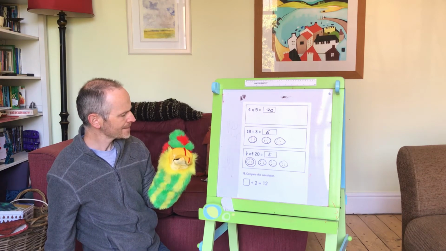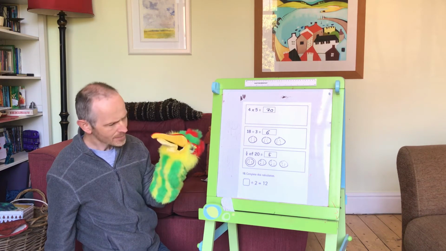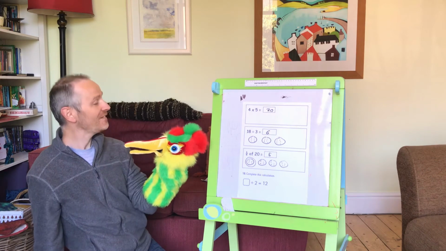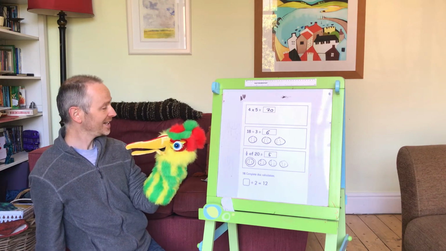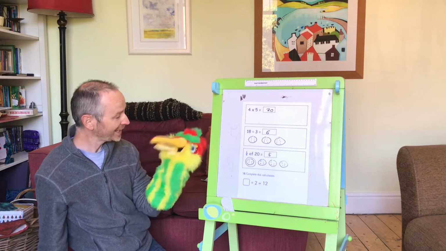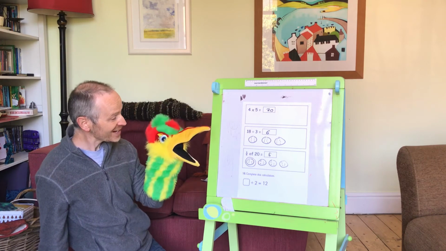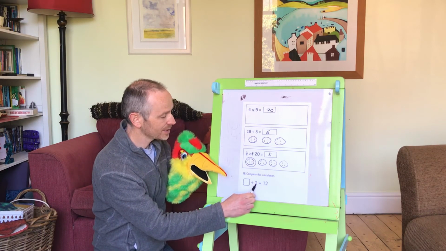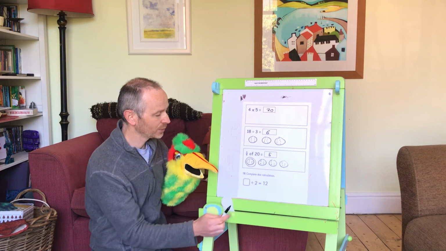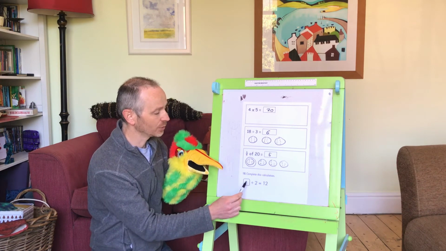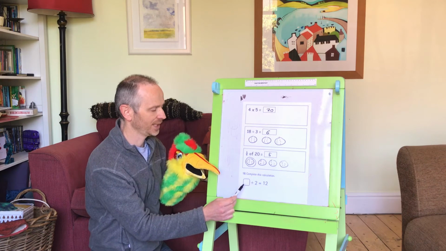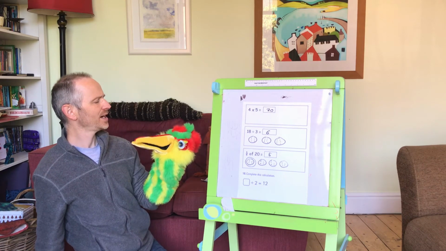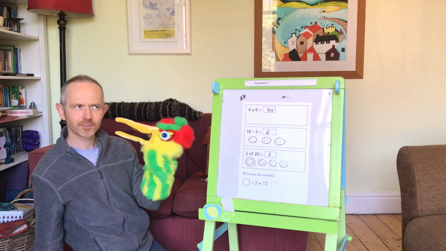Any ideas? That's right, the inverse of divide is going to be multiply. So 12 times 2 will equal our answer. What's dividing by 2 the same as, Olga?